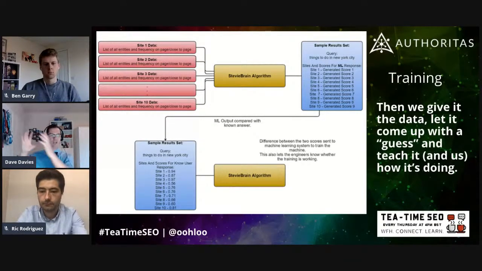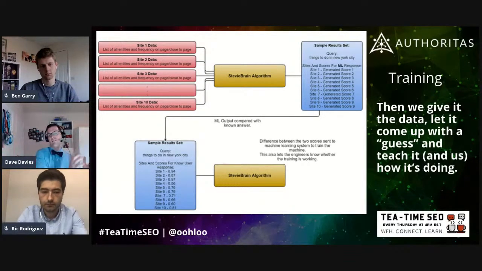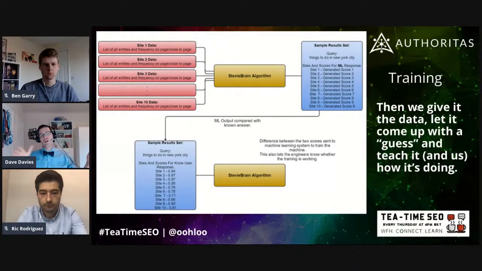What's important about this stage, where they've let Stevie Brain come up with a score and then compared it with a known good score, is that not only is Stevie Brain able to learn, because it's continuing to train, going, oh, okay, I was right or I was wrong, or this is where I was close, readjust my algorithm appropriately, but it's allowing the engineers to understand how far off Stevie Brain is. And as soon as it crosses that threshold of better than our engineers are producing an algorithm for, it can be deployed live. So Stevie Brain's learning all the way through this, but we need to have concrete data to then feed it and go, here's the answer.